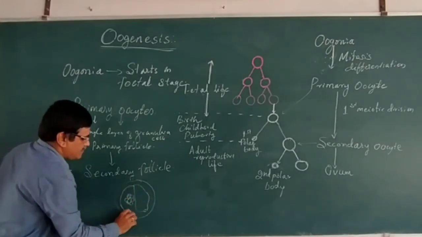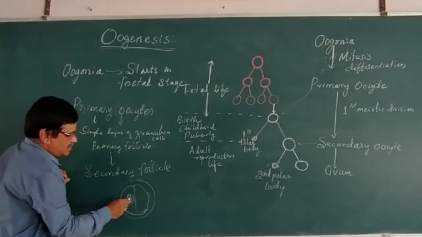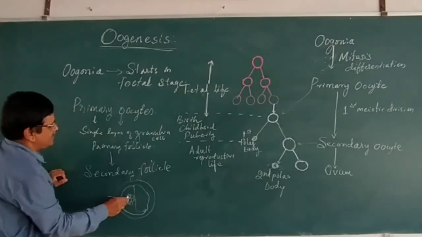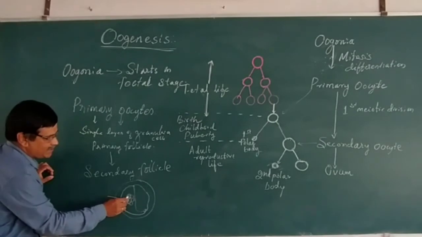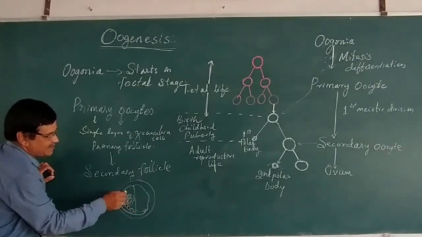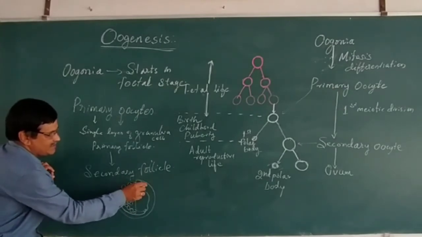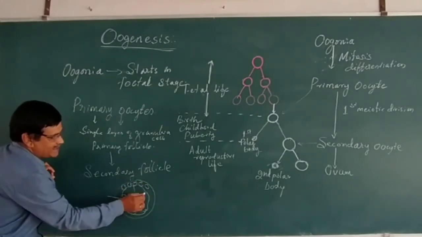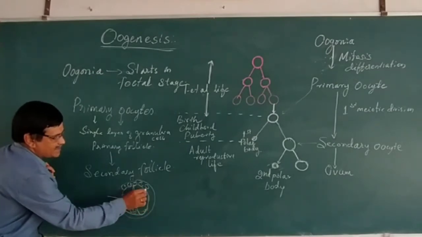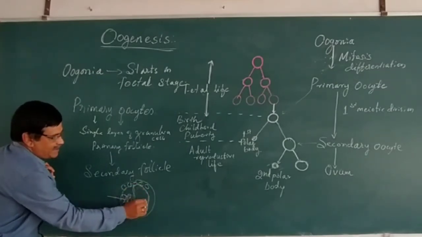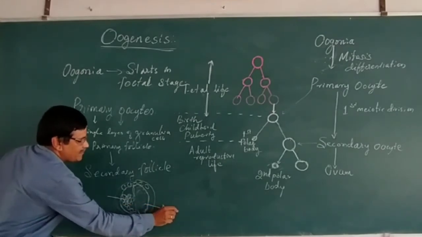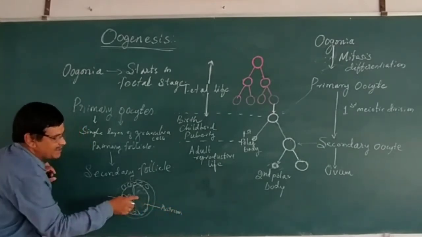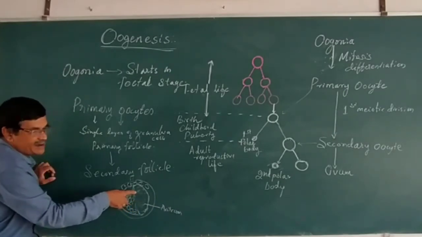So here, this is the oocyte, the primary oocyte. It is surrounded by granulosa cells. These are the layers of granulosa cells. Different layers are there, and a cavity is formed at the center. This cavity is known as the antrum, and it is filled with a fluid known as antral fluid.